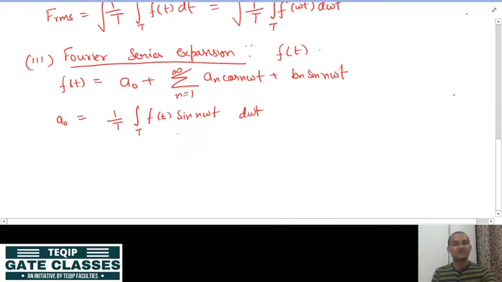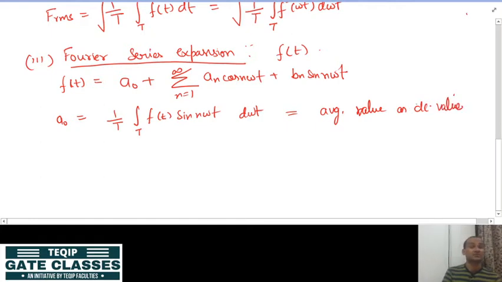Similarly, a naught is nothing but the average value or the DC value. It indicates how much DC component there is, and this is also known as DC bias. Please learn these technical terms, because in many competitive exams, whether it is GATE or any PSU exam, they often use other terms also.